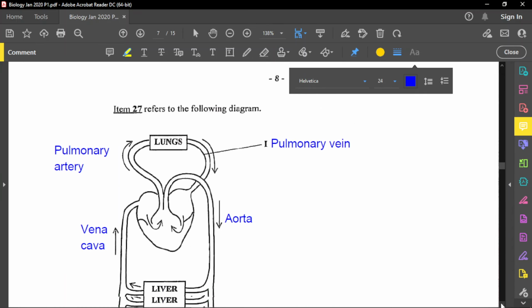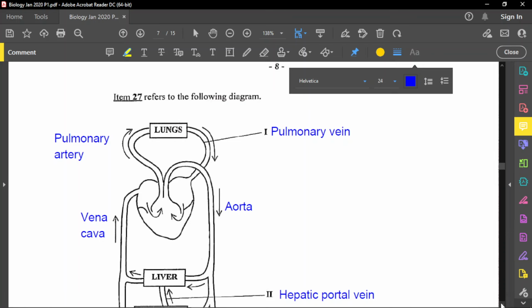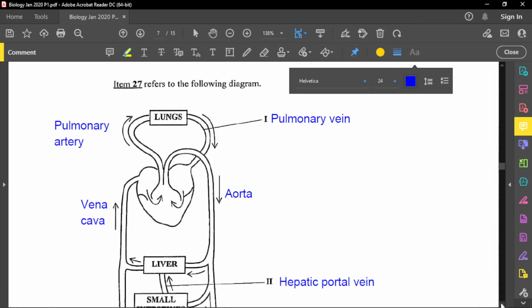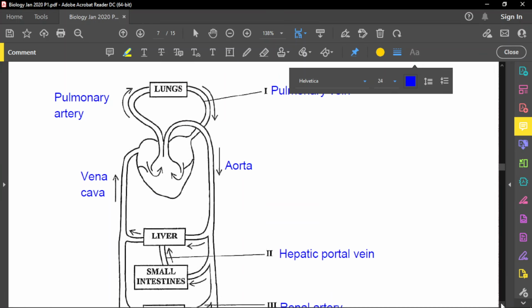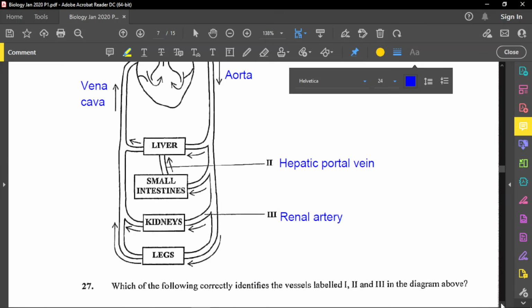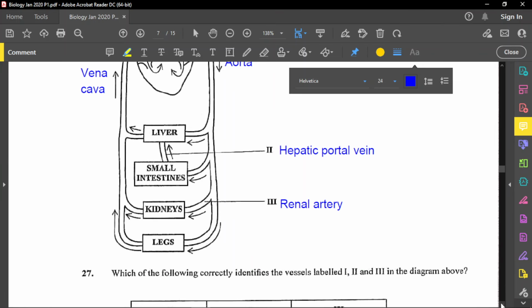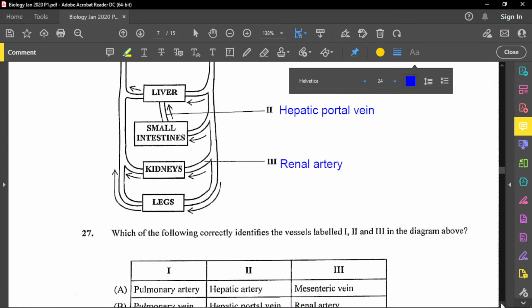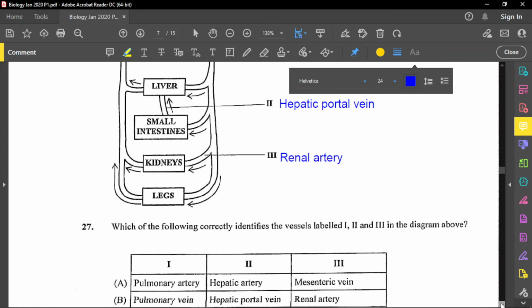Now, for number 27, again, this is the label for you with the different blood vessels. And so, refers to the lungs, we have the pulmonary artery, pulmonary vein accordingly. Vein will go back to the heart, artery away from the heart, just remember that. Aorta and vena cava are the major artery and vein, respectively. The blood vessel that moves from the small intestine to the liver is called the hepatic portal vein. And that going to the kidney is called the renal artery. Away from the kidney will be the renal vein.